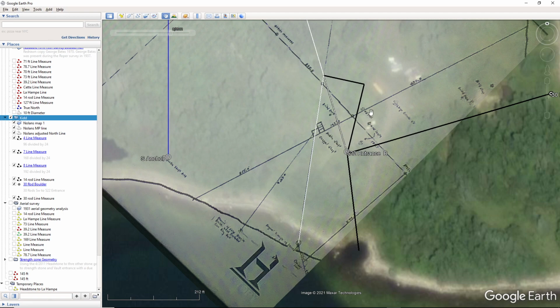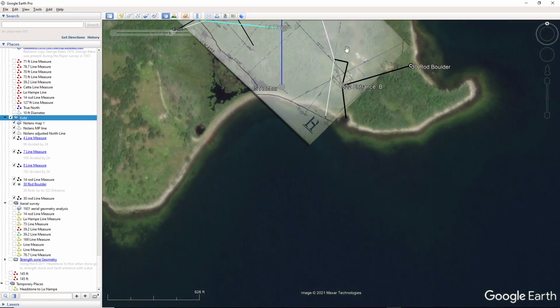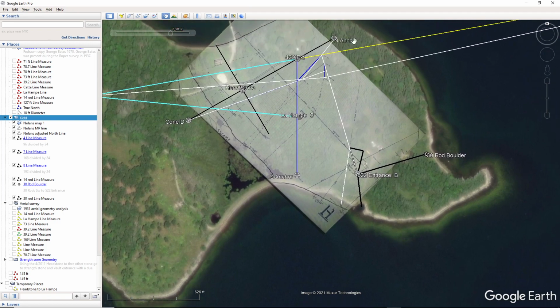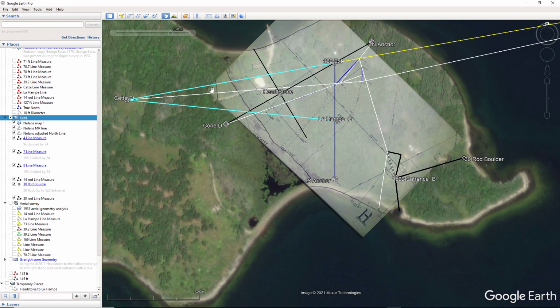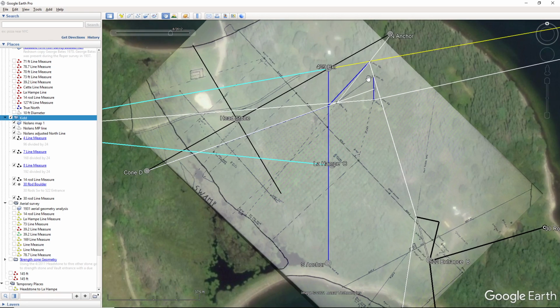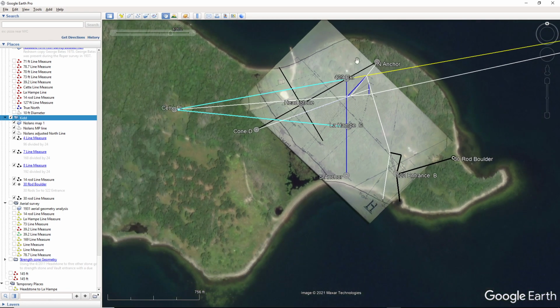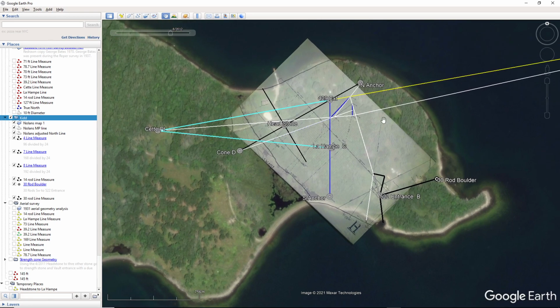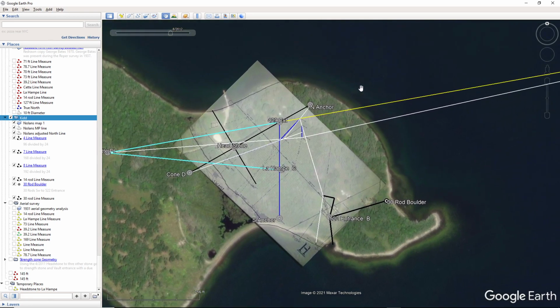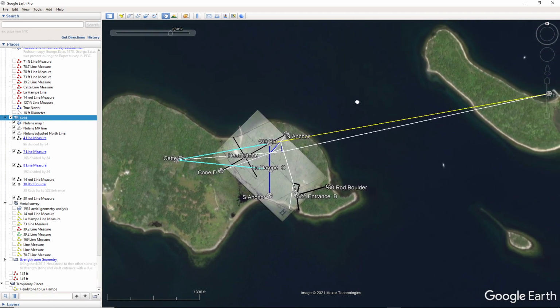Anyway, I hate to really put the Captain Kidd spin on this, but the reason why I'm doing this in this video is because we don't know who put these on here, but I do know what they are doing. And if this is accurate, which I'm assuming that it is going to be accurate to some degree, even if it isn't accurate, how can it be pointing to all these things that relate to the vault theory?